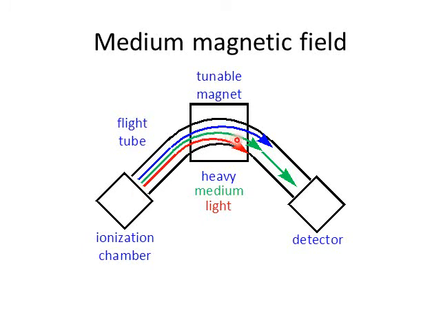The medium particle would end up turning and hitting the detector. The heavy particle would turn, but it's still not getting enough force, so it's not going to turn enough, so it'll crash into the outside wall. It's like in a NASCAR race where, if you don't turn enough, you hit the wall. If you turn too much, you hit this inside wall and crash. But if you turn just the right amount, you end up going on to the detector.